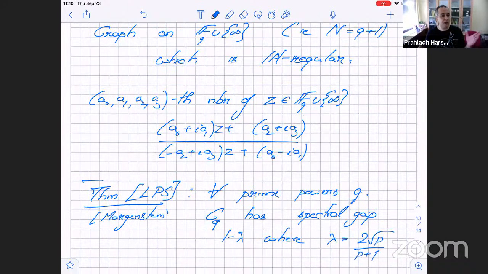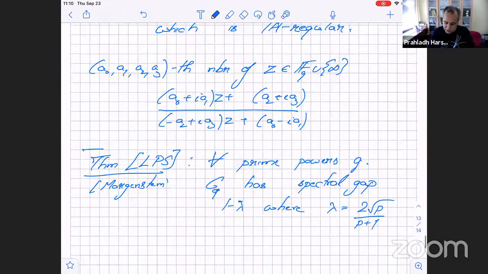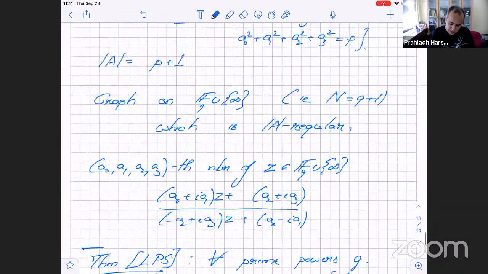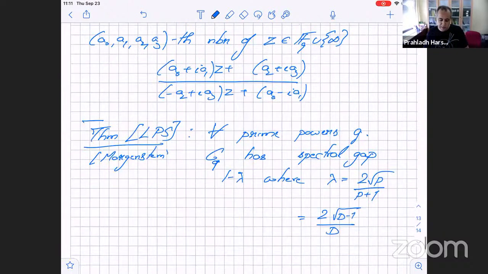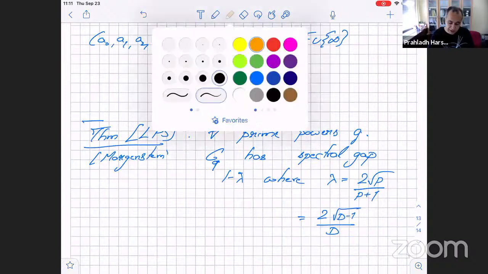Okay, now you'll ask me why I did this first. If you look at this number, it is 2 square root D minus 1 by D. Notice that this D is the degree. So they managed to construct this graph, which beats the random construction.